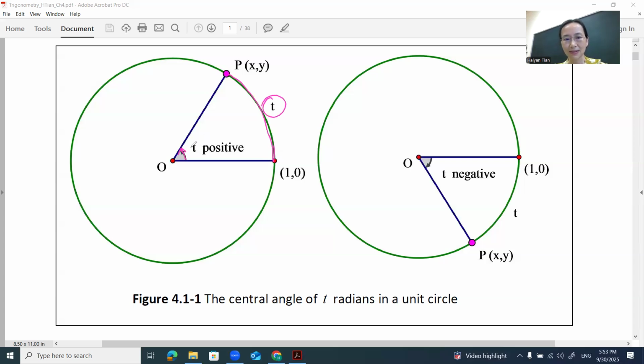If this is the initial side and you generate a negative angle in radians, we can also use the same number.